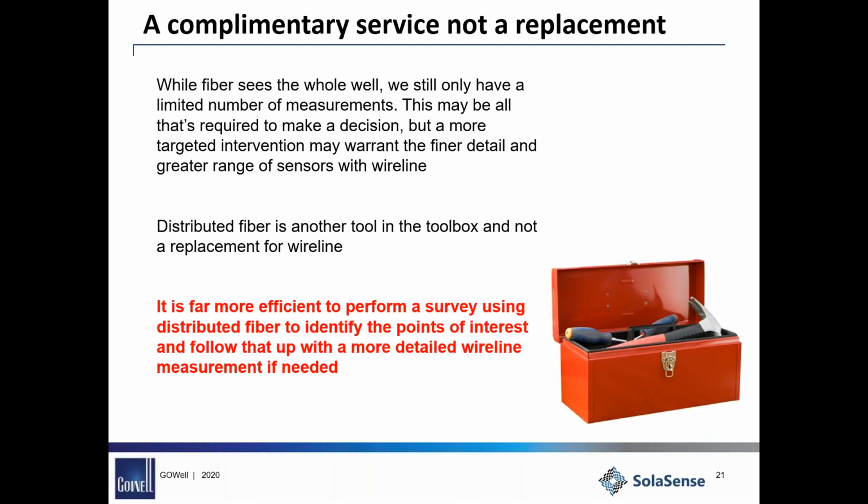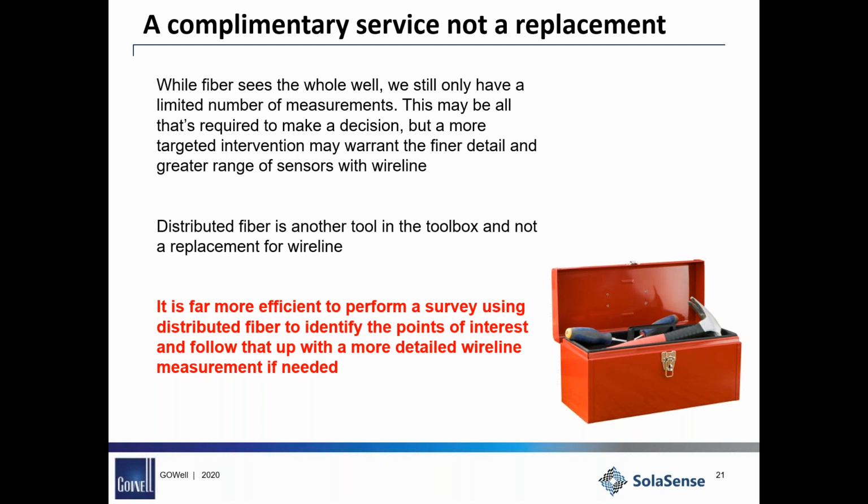So what I want to leave you with here is that fiber is a complementary service and not a replacement. It's fair to say that the most efficient way of using fiber would be to use it as a pre-survey, so that I can then target my wireline sensors and measurements in a much more detailed way.